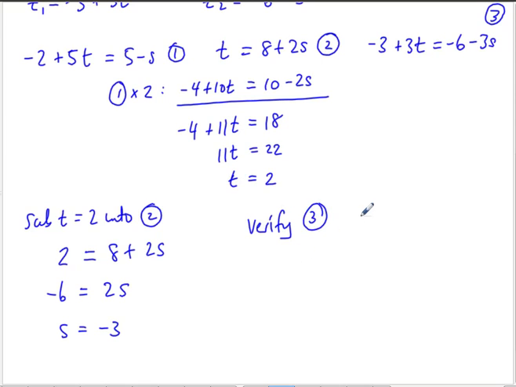And so my left side of equation 3 is equal to negative 3 plus 3t, which is negative 3 plus 3 times 2, which is equal to negative 3 plus 6, which is equal to 3.